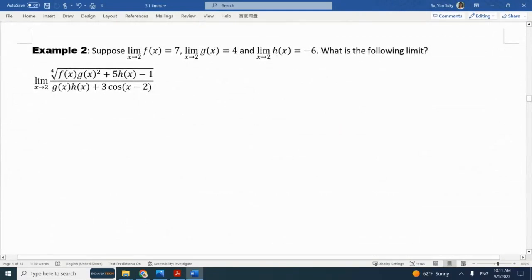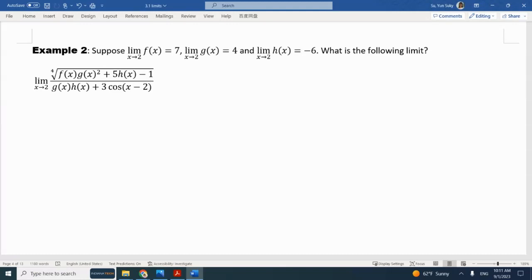So example 1, we know the formula of the function. Example 2, we don't know the formula of the function. So what we need to do is use the limit law. So let's look at this. We use the limit laws because this is a quotient, right? We can move the limit in the numerator and move the limit to the denominator, right? Limit of quotient is quotient of limits.